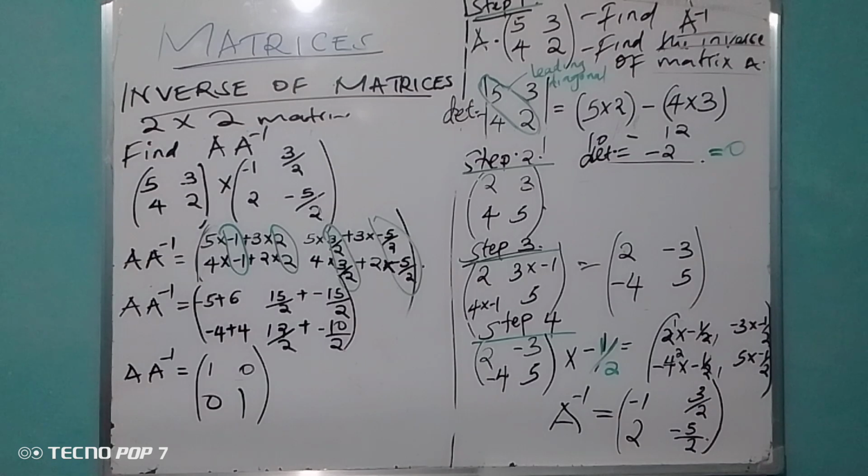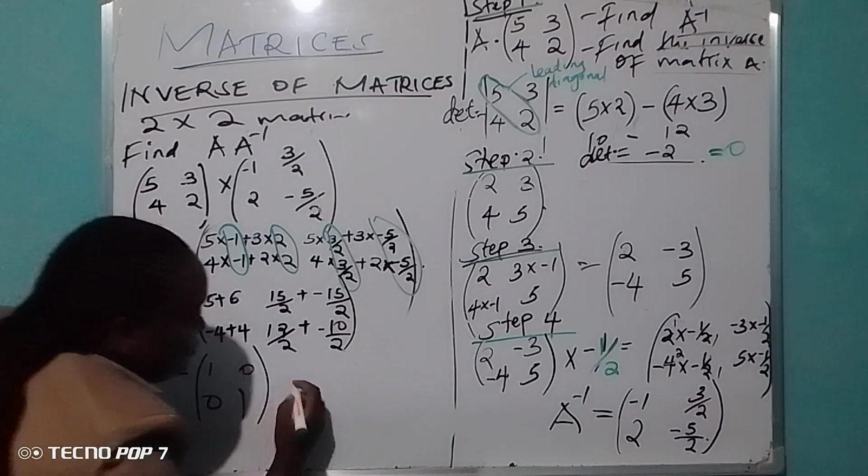So this type of matrix, what is it called? If you multiply a matrix times its inverse, it should give you a unit matrix. So this is a unit matrix.